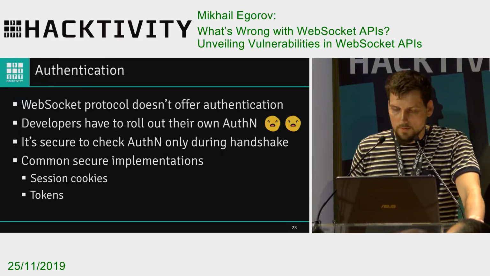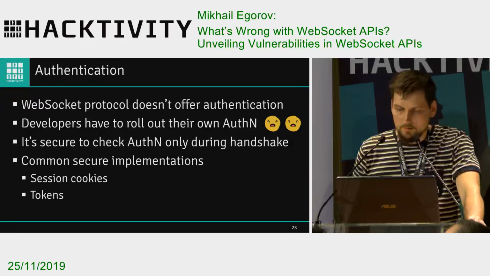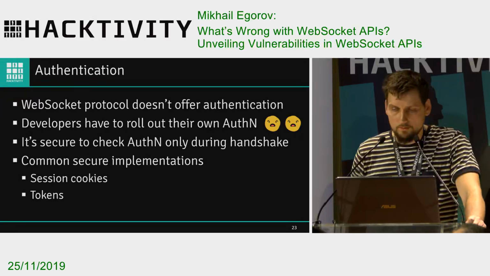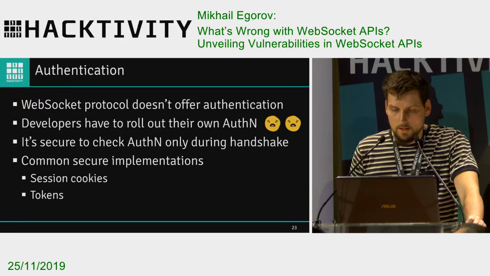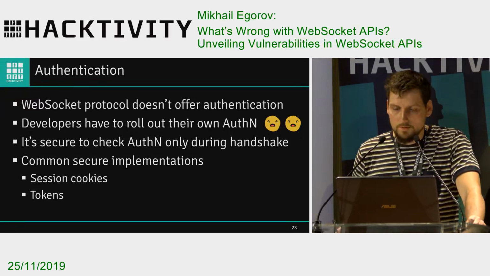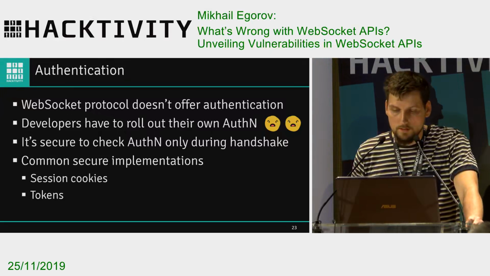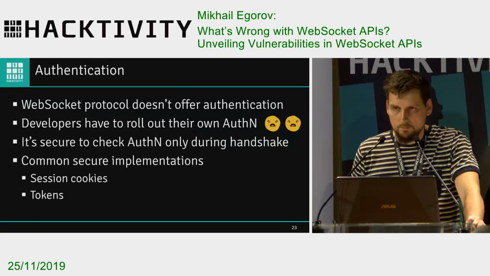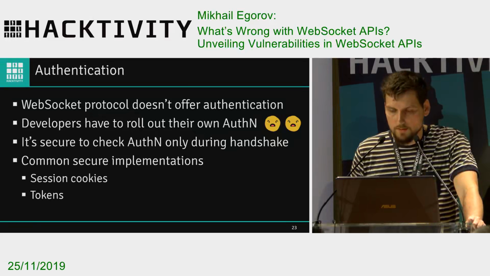I want to point out that it's rather secure to check authentication only during the handshake step, because WebSocket protocol is stateful. You don't need to include authentication tokens in each message the client sends to the server. And common secure variants of authentication are using session cookies or some form of authentication tokens.